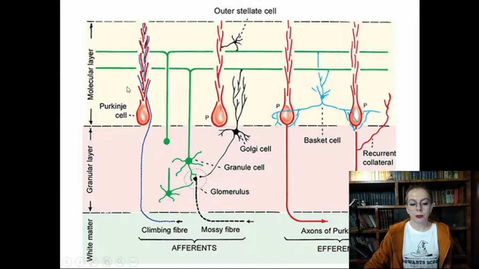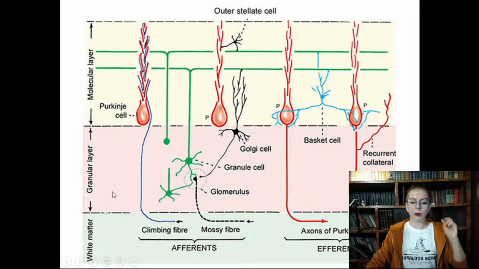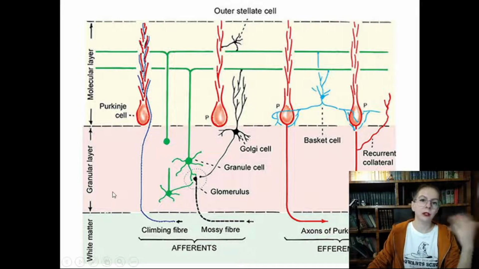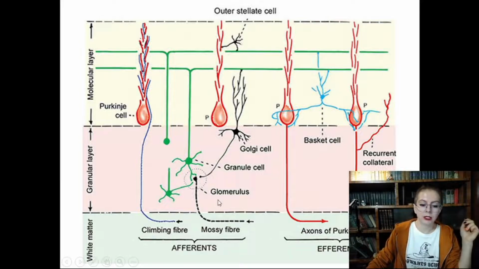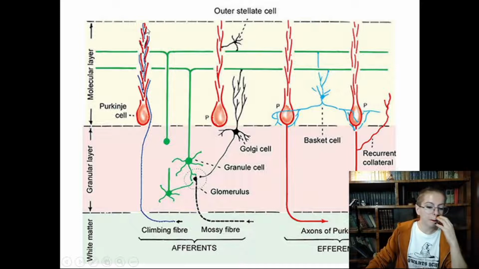So our cerebellar cortex has 3 layers: molecular, Purkinje, and granular. First of all, we look at the fibers bringing the information. There are 2 types of fibers, mossy and climbing. As I've already said, mossy fibers are short as moss is, and climbing fibers climb up to the molecular layer.